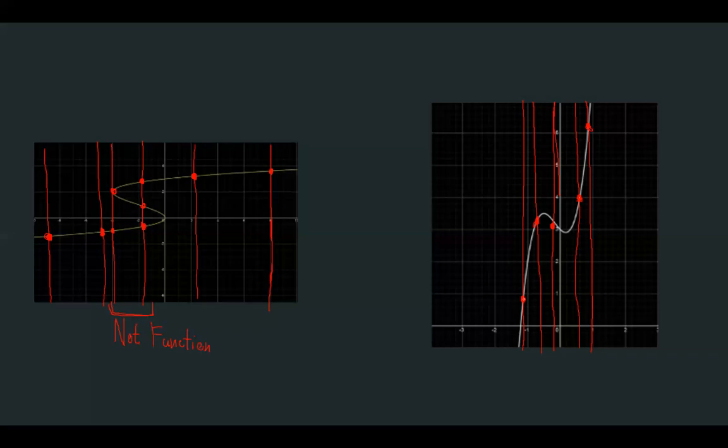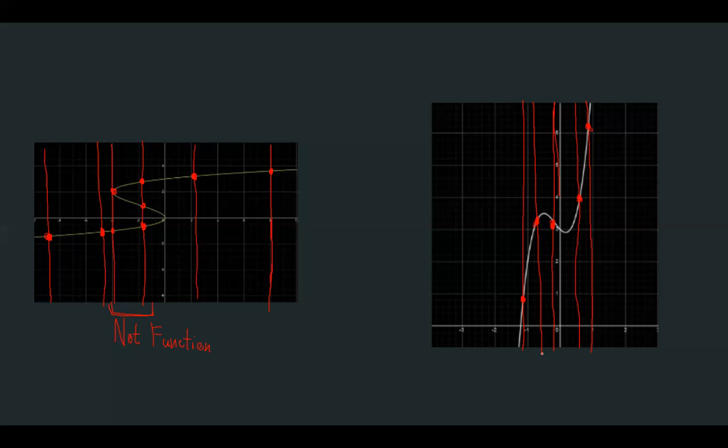You see this vertical line here, it intersects at only one point. This vertical line intersects at one point. This one too as well. Wait, let me fix that. There we go. This vertical line intersects at one point also. This also intersects at one point. And lastly, this vertical line intersects at one point.